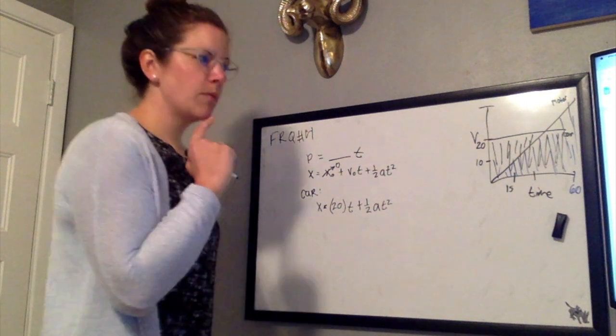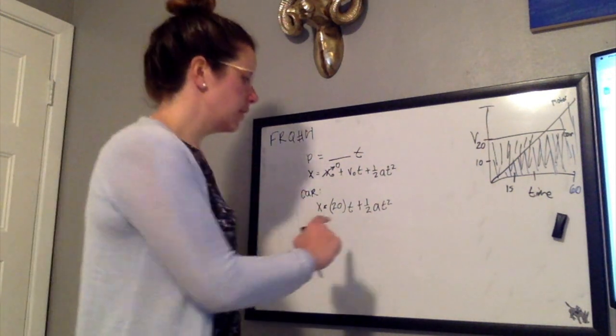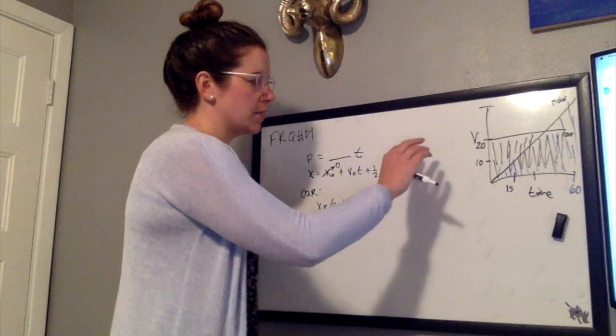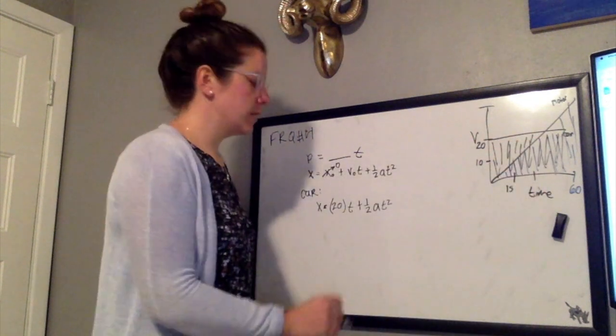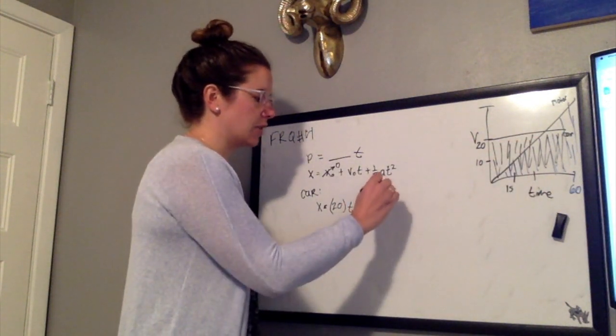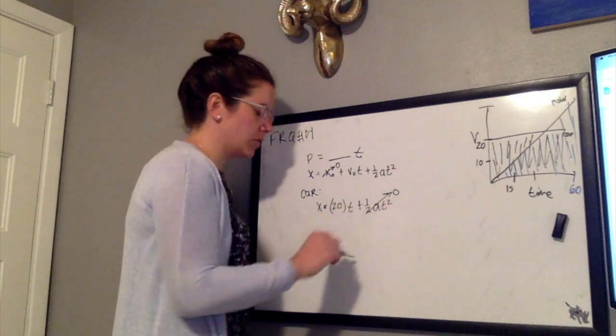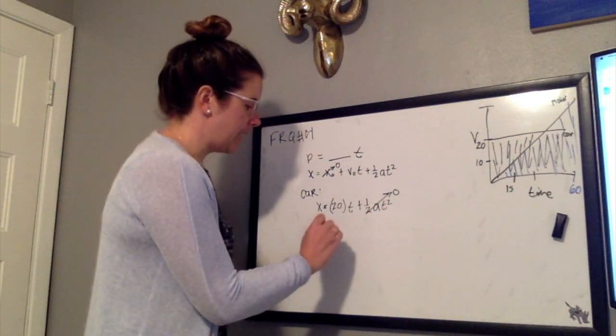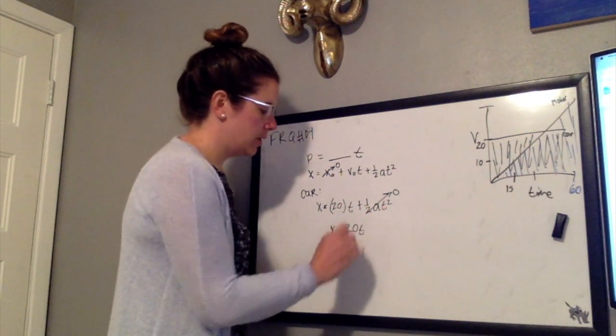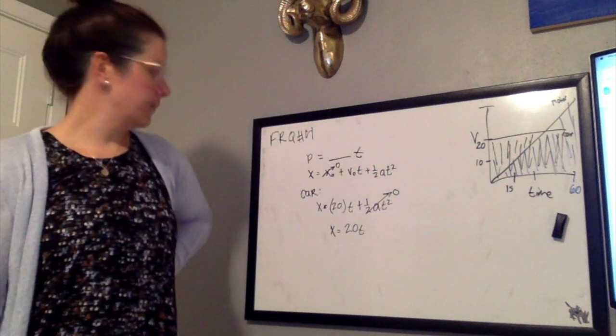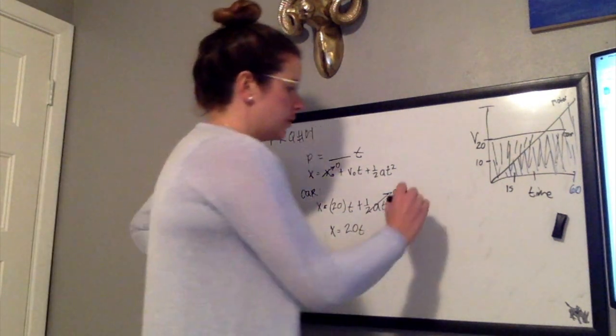Remember from part A, the velocity of the car is 20 the whole time. So the acceleration is actually 0. So we can get rid of this whole term. So now we have x is equal to 20 t. That's all you got to do. Now let's do the motorcycle.